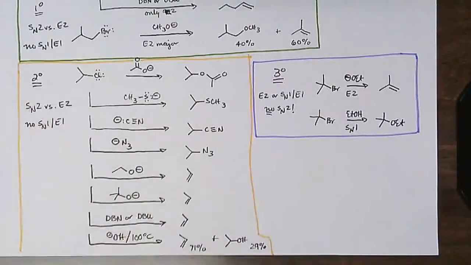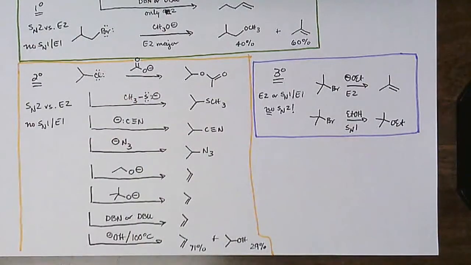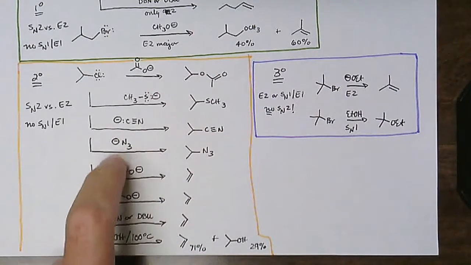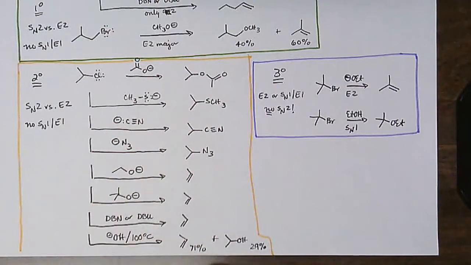Onto secondary alkyl halides. If we take isopropyl chloride with a moderate nucleophile, we see substitution. With a strong nucleophile like methane thiolate, we see substitution via SN2. Strong nucleophiles like azide and cyanide, which are small and linear, we also see backside displacement to give primarily SN2 products.